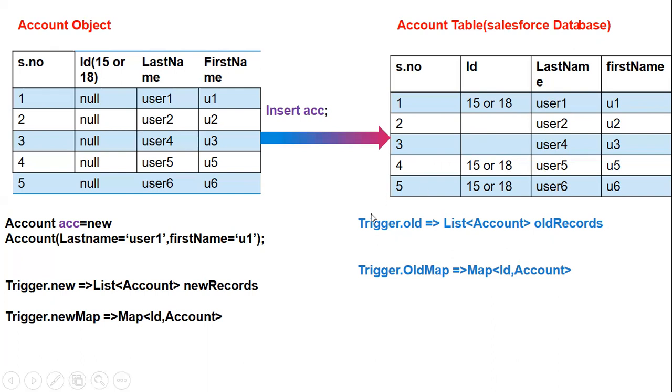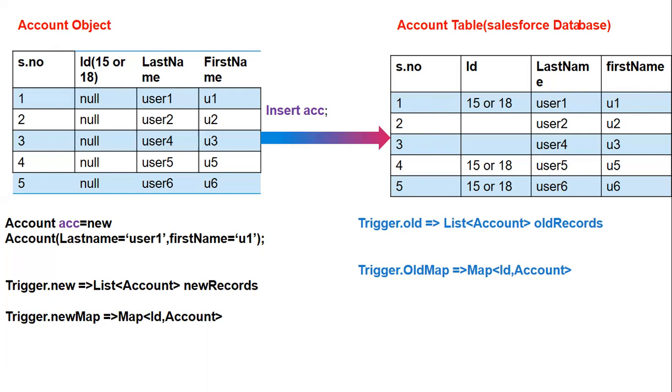After inserting some data into the Salesforce database, we have trigger.old, which represents the old records which are available in the Salesforce database. That is a list of accounts. Trigger.old is simply a list of account old records.